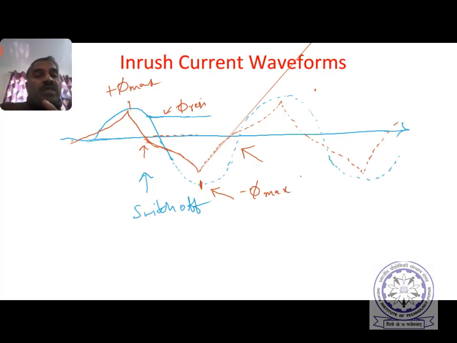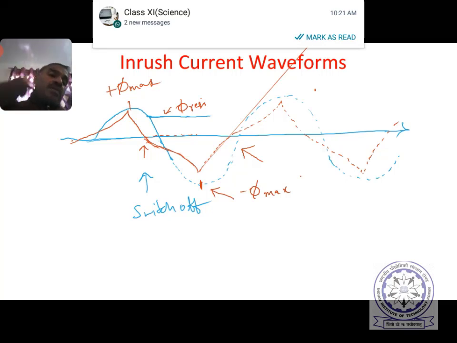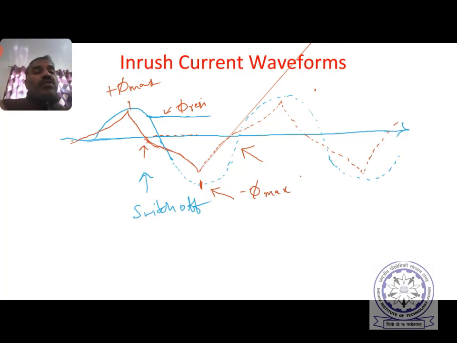Okay, I switched it off at this instant, but the voltage is continuing. Now I switched it on. The voltage waveform still continues, but inside the transformer, the induced voltage has to balance with the applied voltage. E must balance with V1, which is d phi by dt. So the slope of the flux should follow the original sinusoidal characteristics.